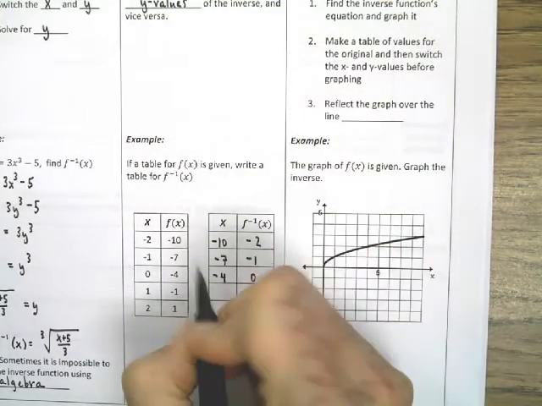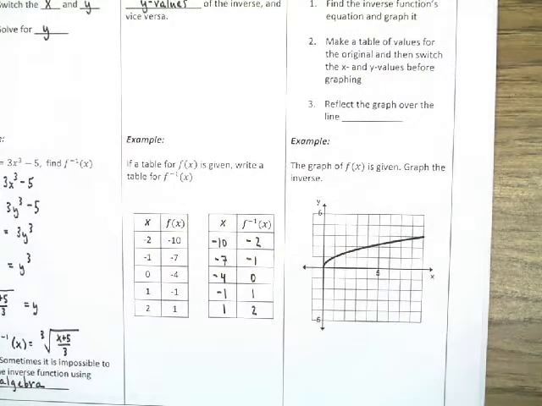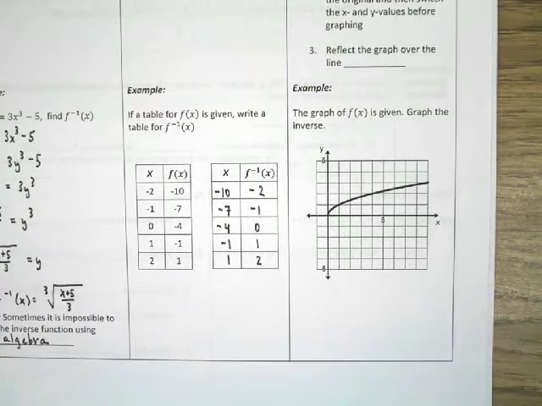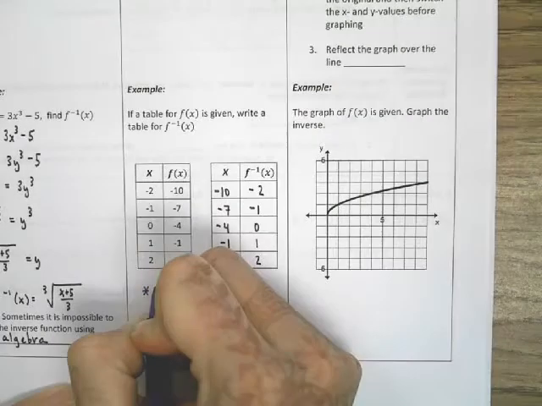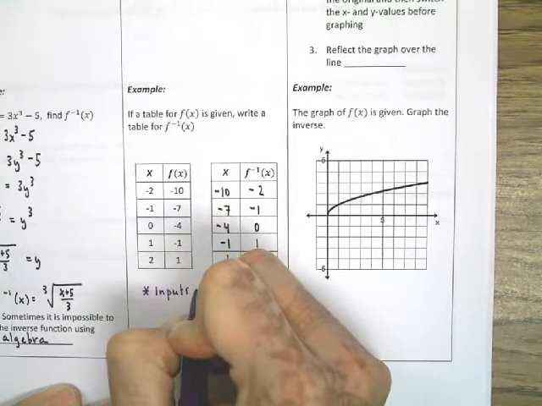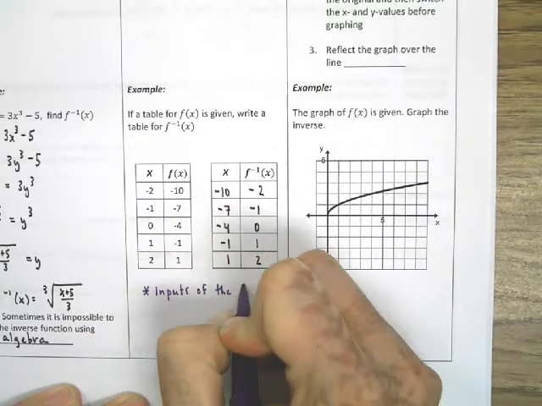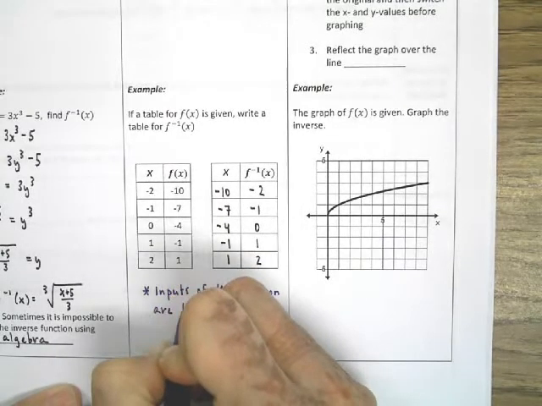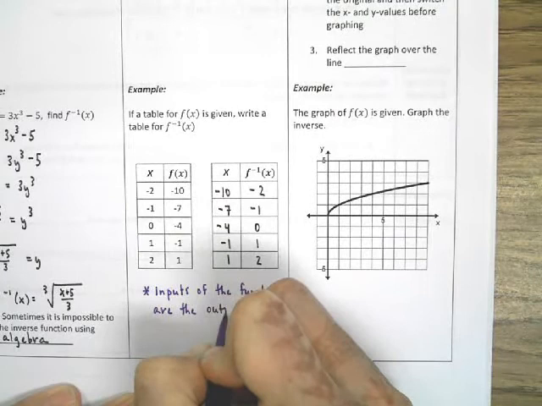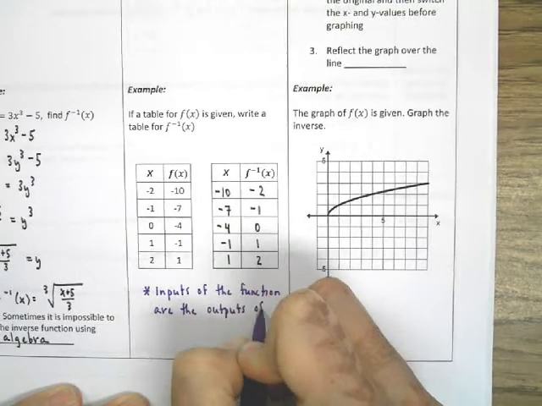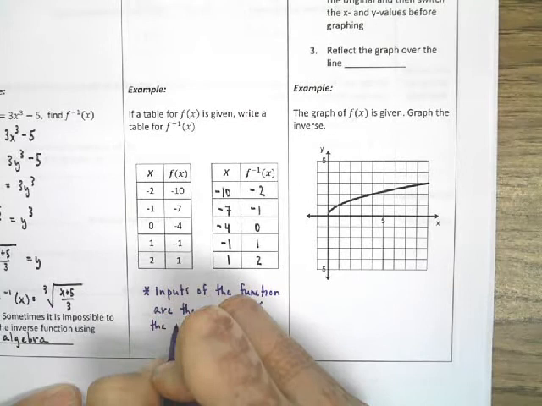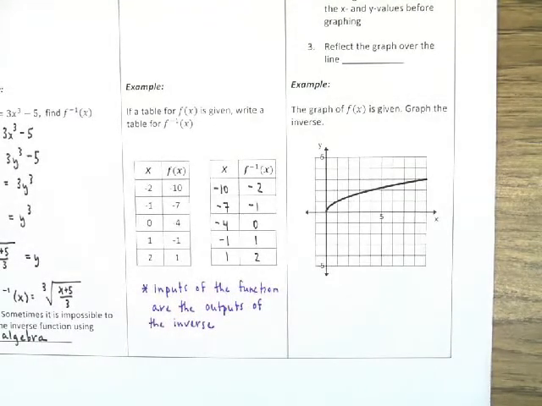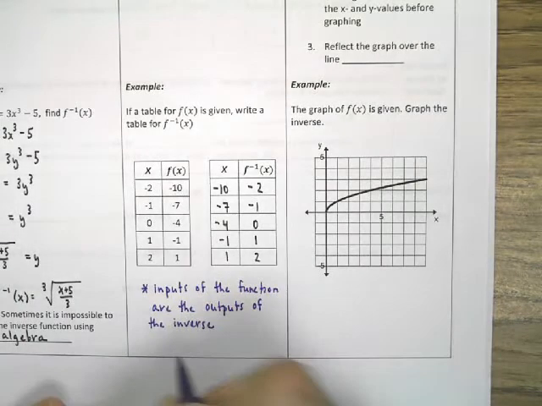And this right here is one of the big ideas we'll be using when we start taking the derivatives of inverse functions. So I want to make a note here that the inputs of the function are the outputs of the inverse, and vice versa, right?